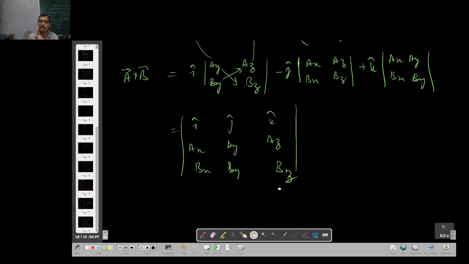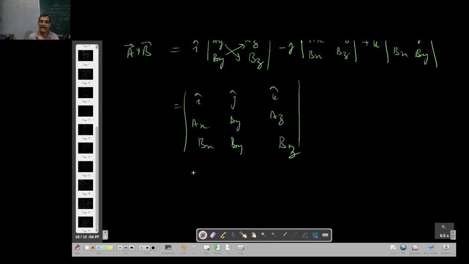So in a nutshell I can say that A cross B can be written like this: i cap, j cap and k cap, ax ay az, bx by bz.